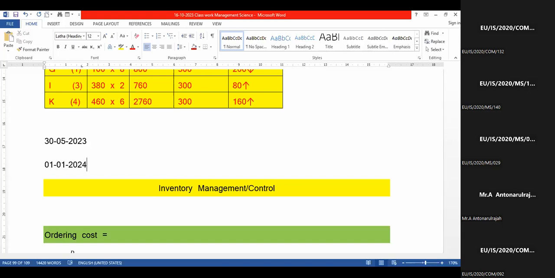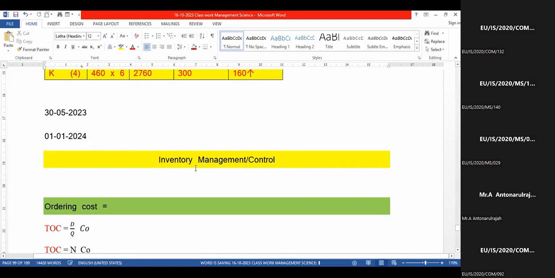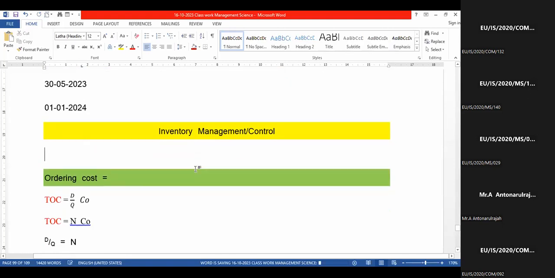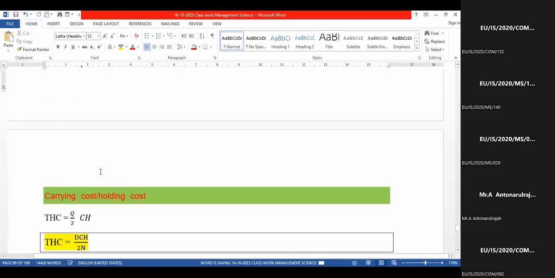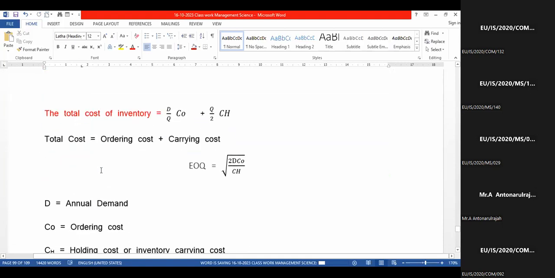Basically, it's about the quantity discount, right? Discounting factors and how to manage the discounting aspects. In inventory management or inventory control, we basically know the standard inventory models. We know about the equations, right?